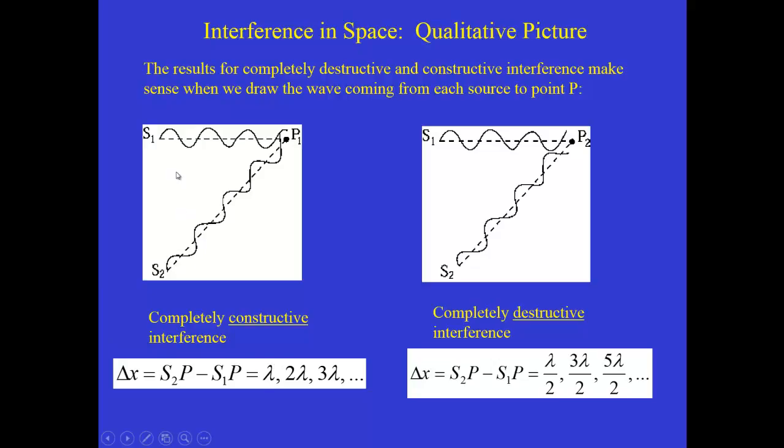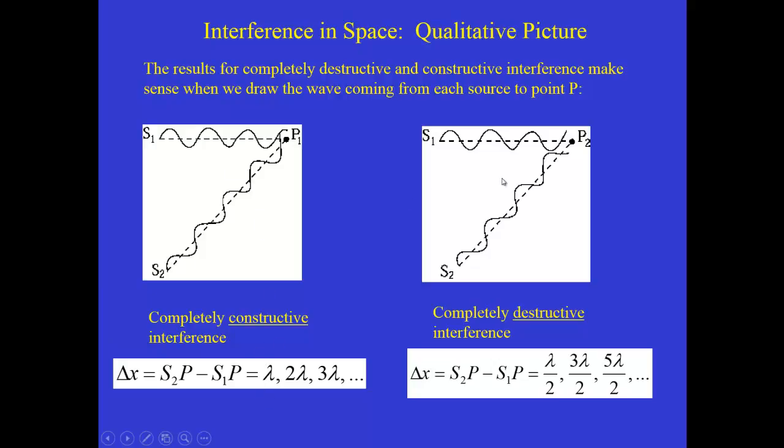Right? If I count wavelengths from S1 to P, there's 1, 2, 3, and a little bit more. And from S2 to point P, there's 1, 2, 3, 4, and a little bit more. So the difference in path here was just a wavelength.